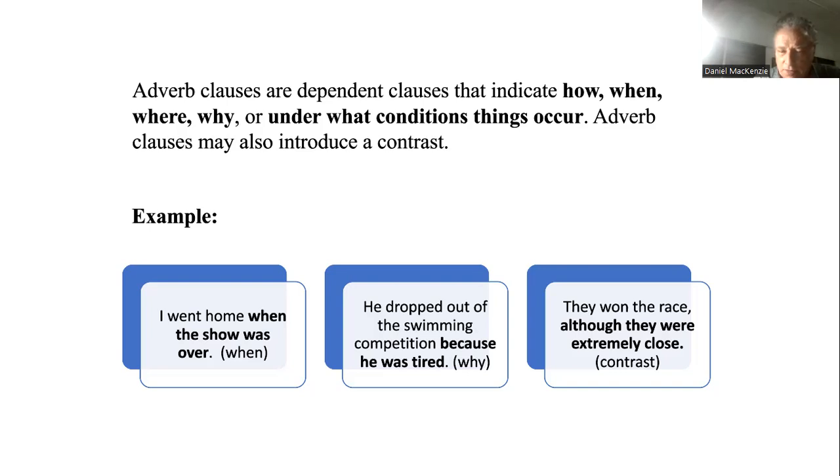They won the race, although they were extremely close. Contrast, although they were extremely close, is the dependent clause because it can't stand by itself. It depends on they won the race, which is the independent clause.